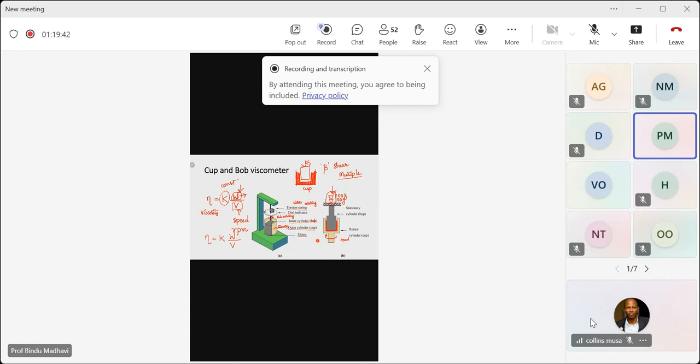Can you see the things that I am drawing here? So this is the liquid which is present near to the wall of the cup, and there is a layer of the liquid which is present near to the bob. So there will be difference in the amount of shear received by these two different layers of the liquid, especially when it comes to plastic systems. So what is the characteristic feature of plastic systems? Can anyone tell me?